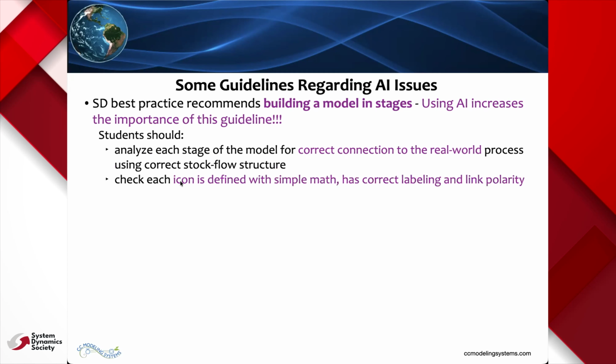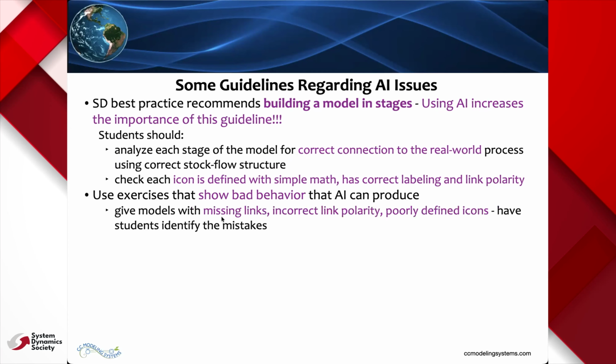They should check that each icon is defined with simple math, has correct labeling and link polarity. The teacher can use exercises that show bad behavior that AI can produce, like missing links or incorrect link polarity or poorly defined icons, which students have to analyze, recognizing that the AI may have given them some bad product.